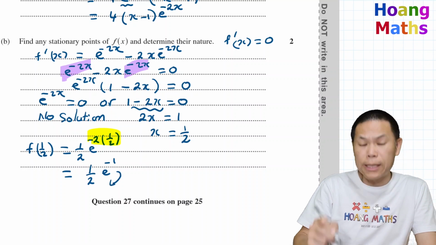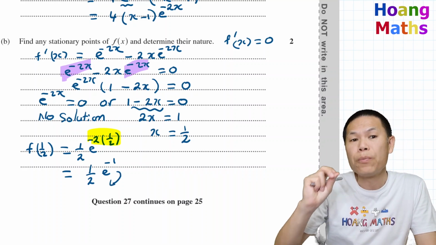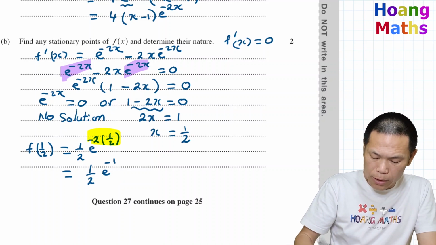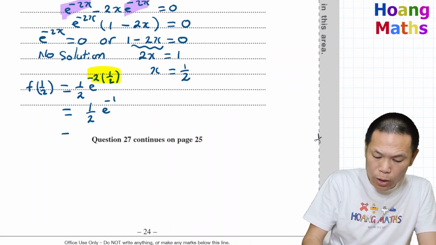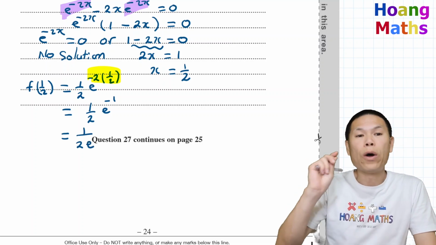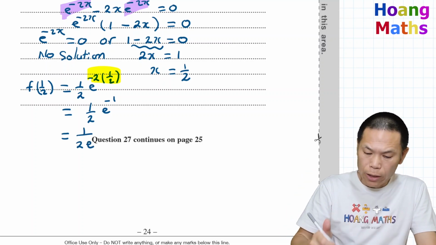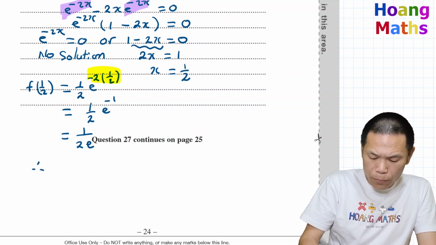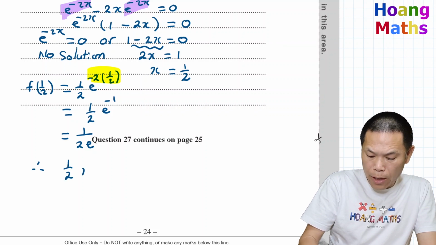But then I can bring this down, becoming 1 over 2 e to the power of 1. So that is exactly the same as this. Let me just write this down. That gives me 1 over 2e, if you like. Therefore, the stationary point is a half and 1 over 2e.